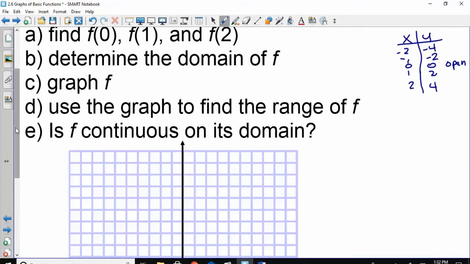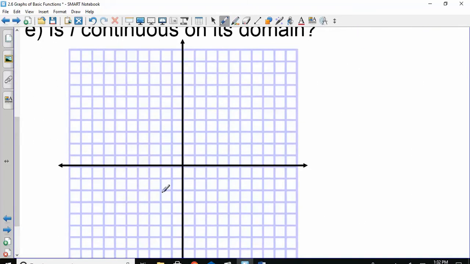If I plot them, -2, -4, -1, -2, 0, 0 was open. 1, 2, 2, 4. So this is a line with an open circle in the middle. So right there at the origin, that's an open circle.